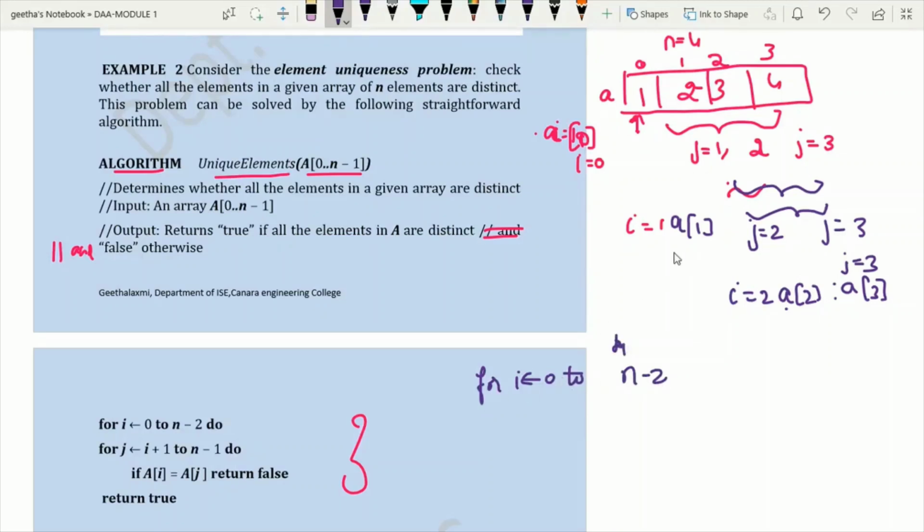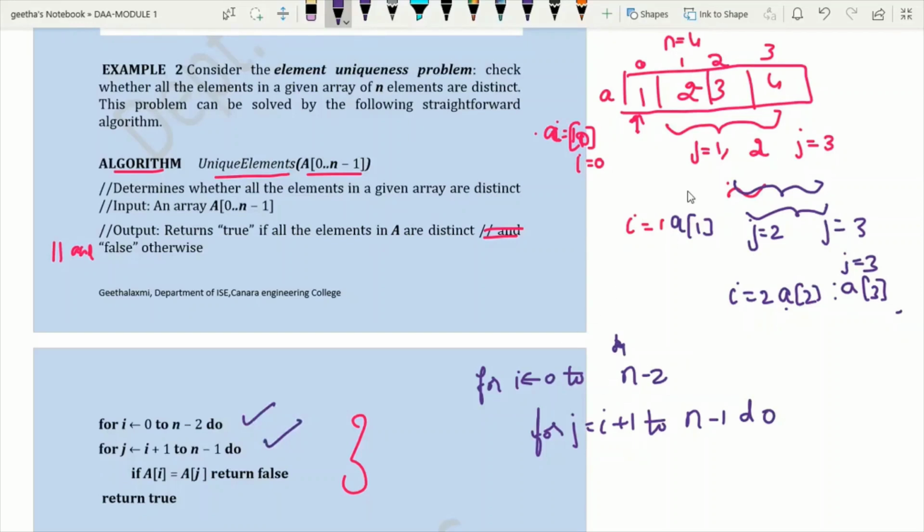Next, the inner loop j: if i is 0, j will start from 1. If i is 1, j will start from 2. If i is 2, j will start from 3. So always j will go from i plus 1 to n minus 1. That is what the first two lines say.